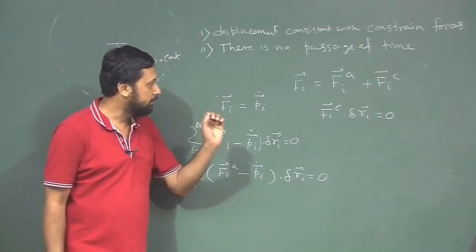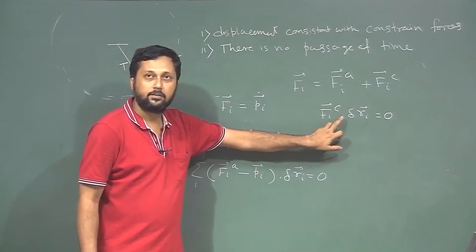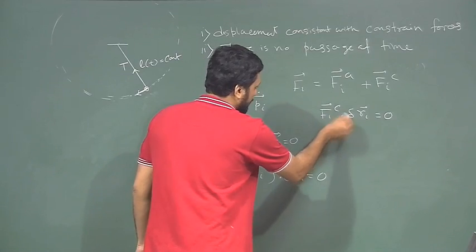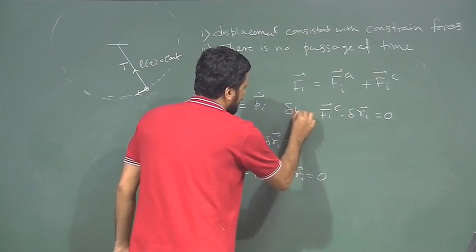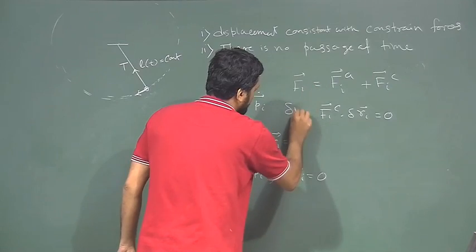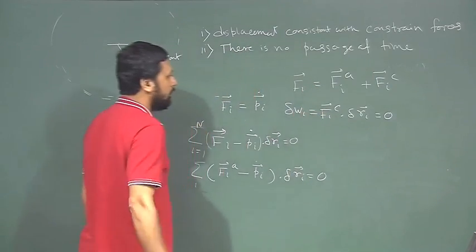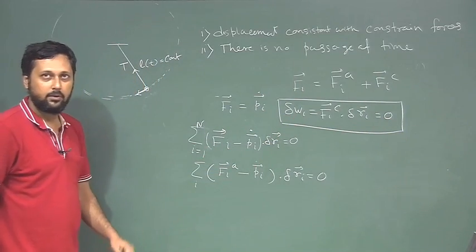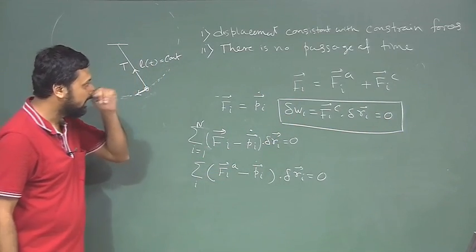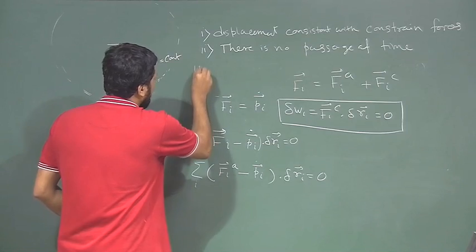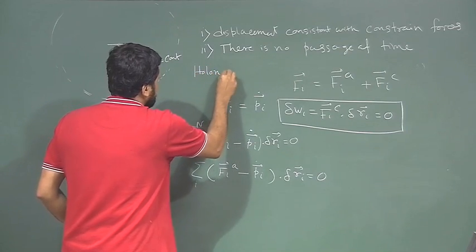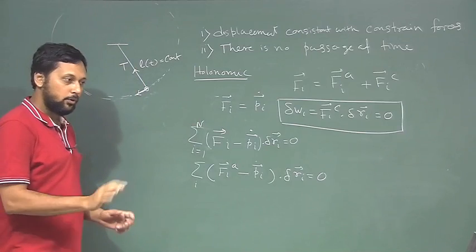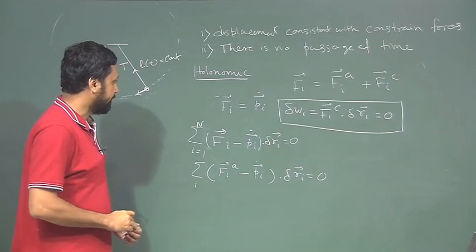So, for each individual particle, the work done due to virtual displacement has to be equal to 0, that we have shown already, right, for any holonomic system. Please remember, all this formulation is for holonomic systems. Non-holonomic systems we will consider later.